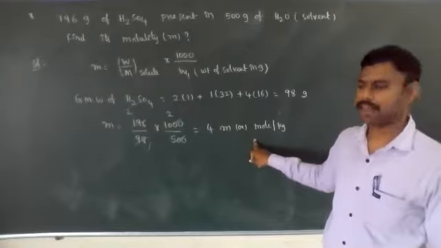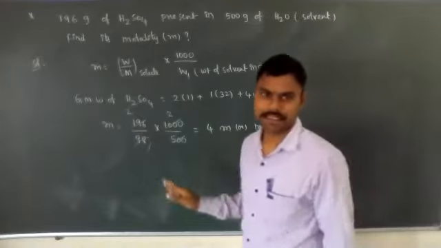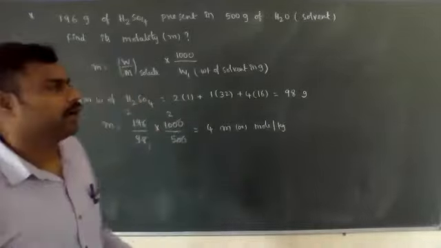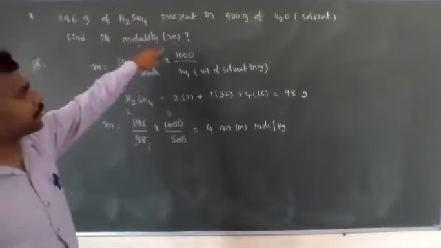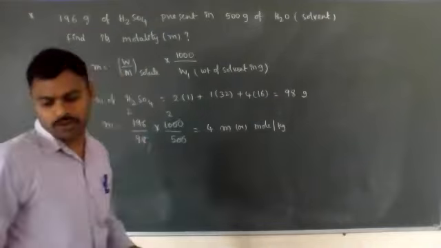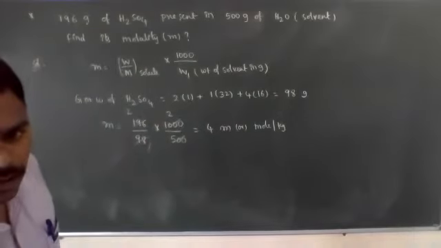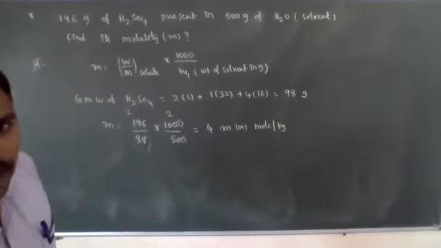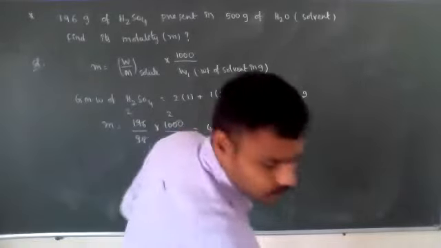That is the answer. It means 196 grams of H2SO4 is present in 500 grams of water. Mostly these model questions are asked in board examination as well as in objective exams. Very easy only.